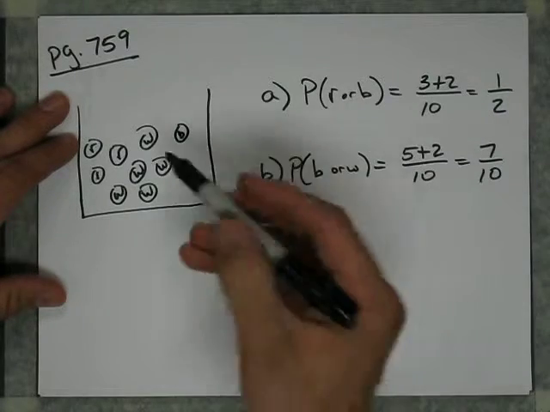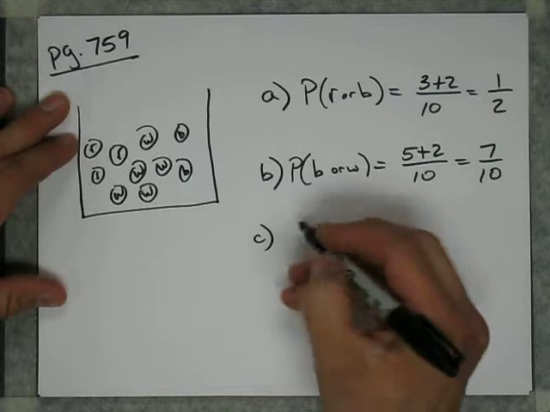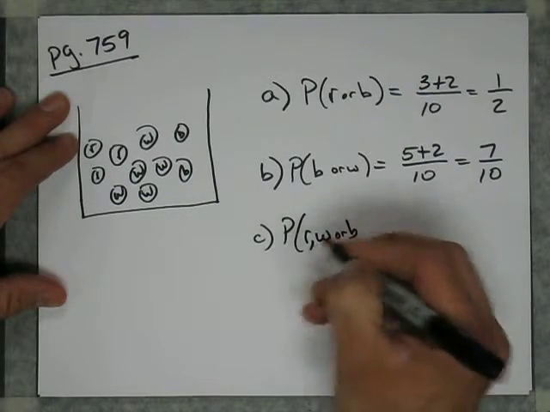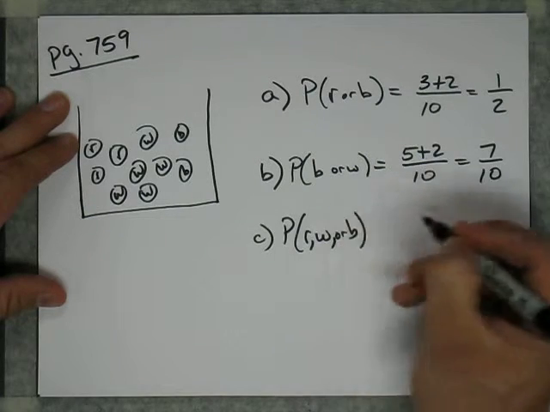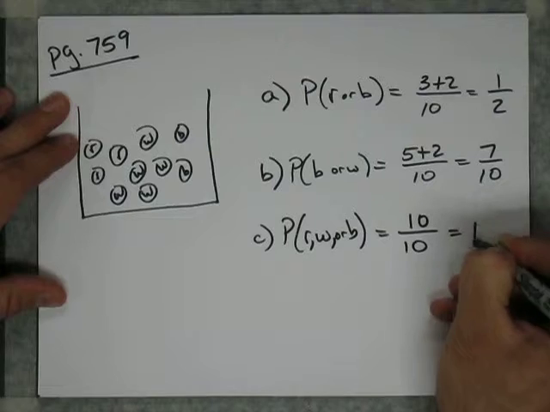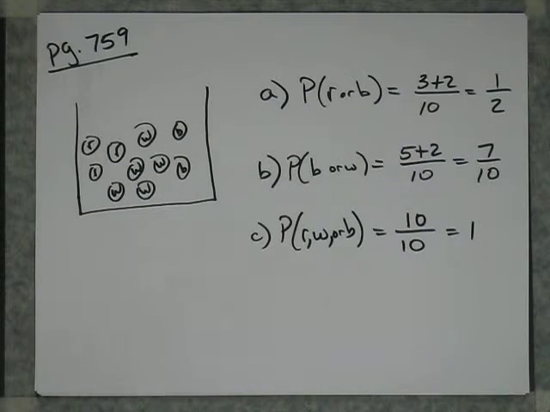So what's the probability of a red, white, or blue? A little patriotic there. There are 10 options for that over 10, a 100% chance you're going to draw one of those marbles out. All right, so that takes care of that one.